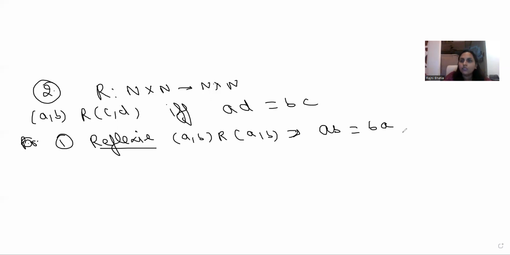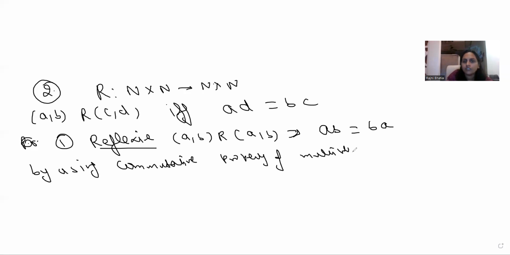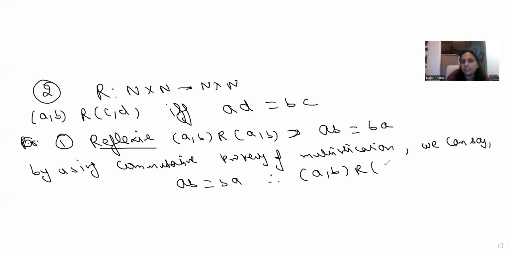So again, by using the commutative property of multiplication, we can say that AB is BA. Therefore, we can say that AB is related to AB, and therefore our given relation is reflexive.